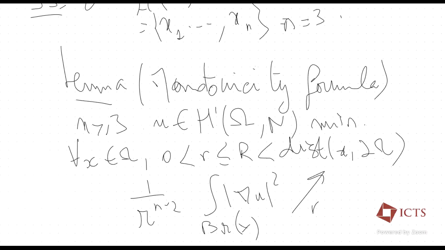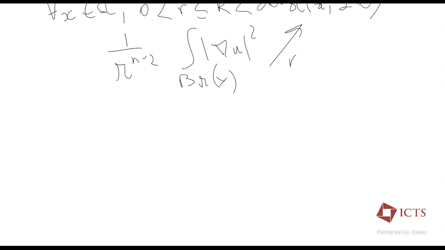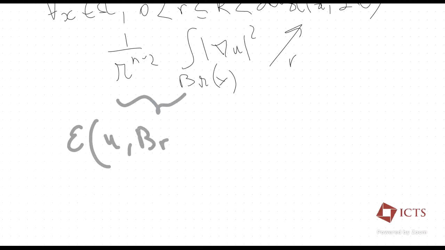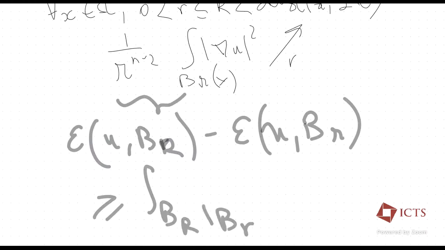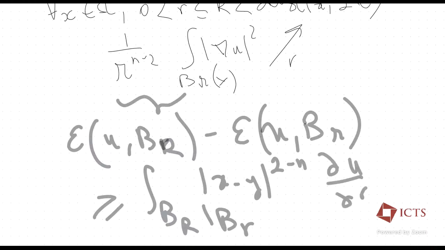Not only is it non-decreasing, you know what is more. If you call this the rescaled energy, I call it E of u in B capital R minus E of u in B little r, you know that this is bounded below by the integral on the annulus of this quantity, 2 minus n, and the radial derivative of u squared.